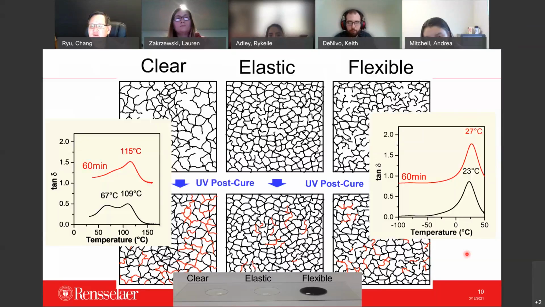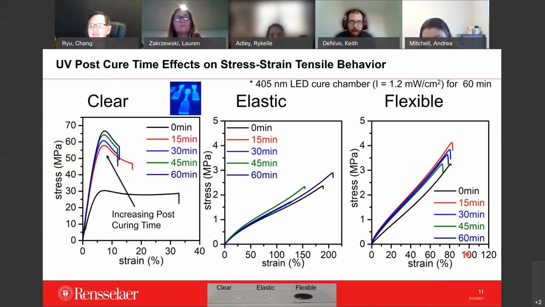So since the clear had more room, so to speak, or more double bonds to react, after post-curing it, you see a dramatic shift in its stress-strain curve. Its elongation at break is decreased, its ultimate tensile stress is increased, and you get a very dramatic change.